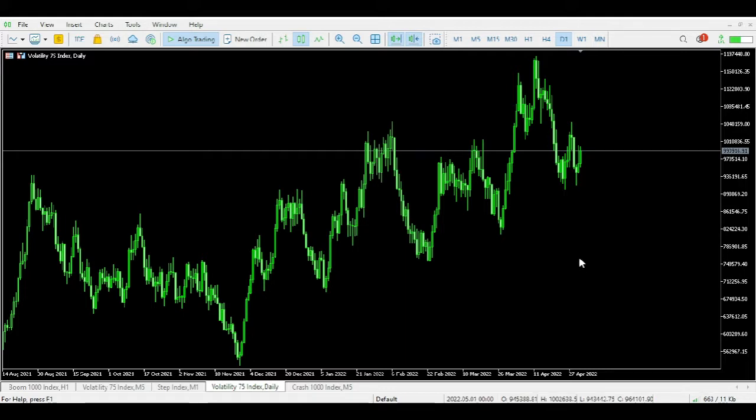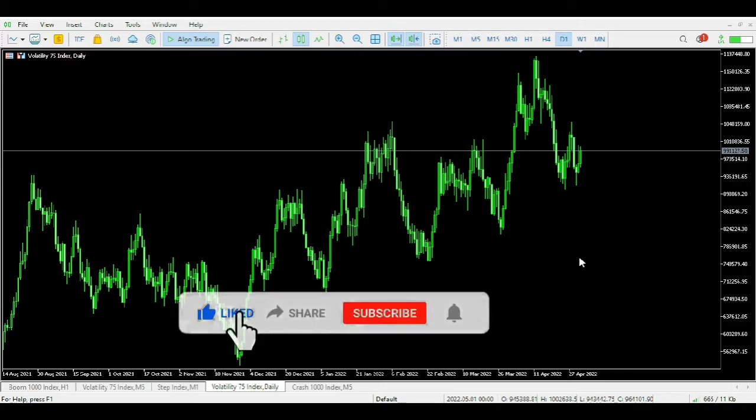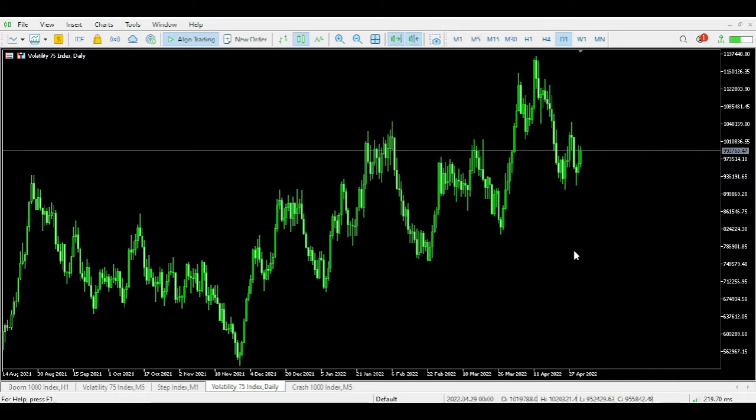But be warned, it's not easy. It's not like an easy walk in the park. These synthetic indices can be so volatile and you can lose a lot of money. But you can also make a lot of money at the same time.